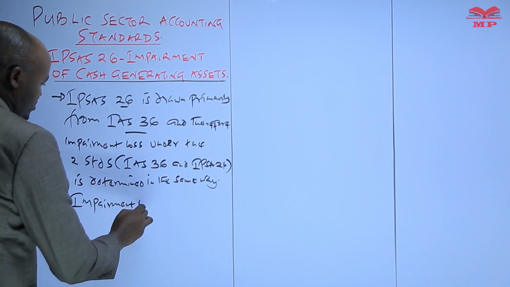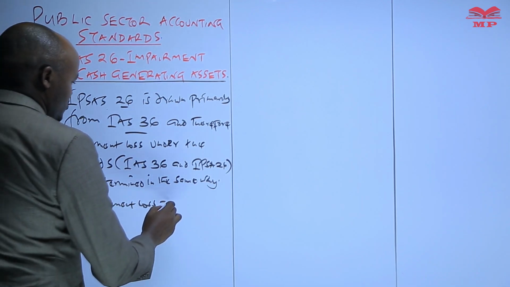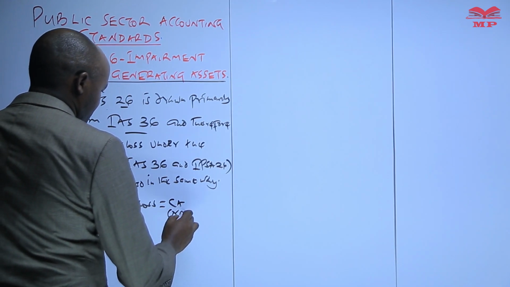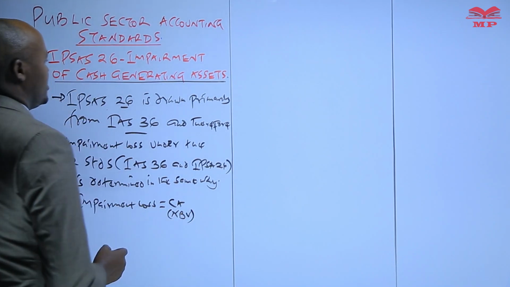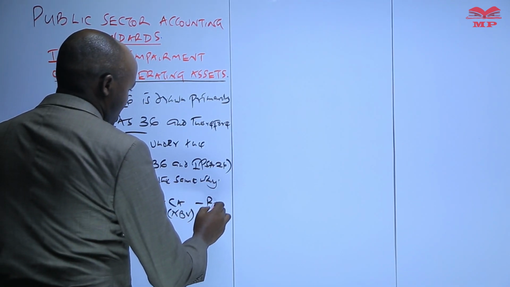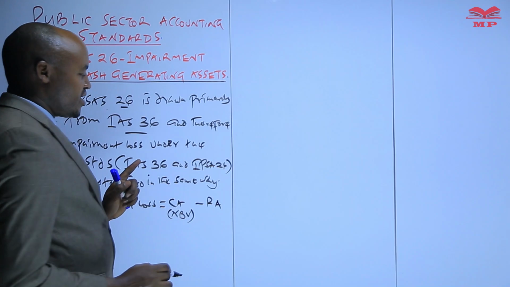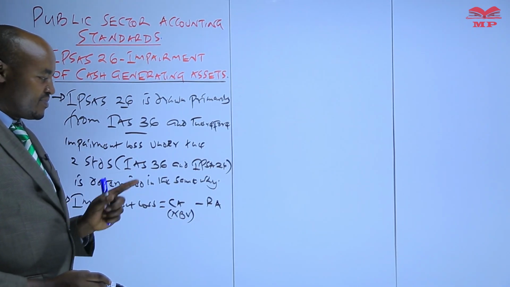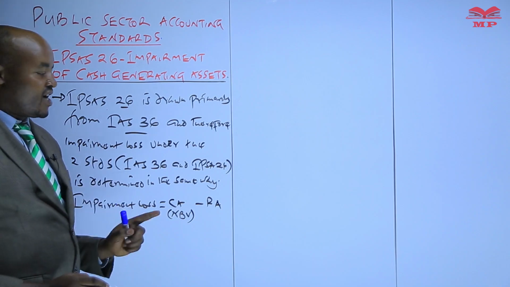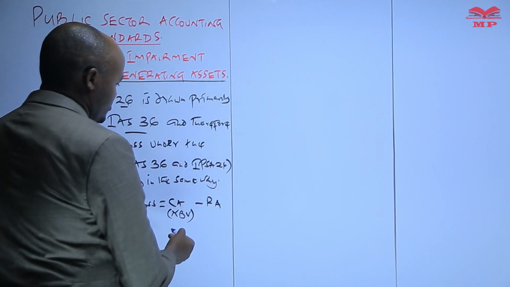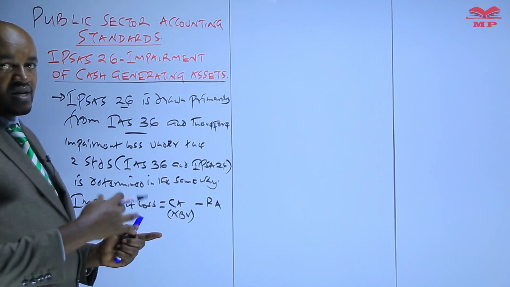The impairment loss in this case is always equal to the carrying amount of an asset, or basically the cash generating asset, less something called the recoverable amount. We don't use the word recoverable service amount as we were using under IPSAS 21, but here we talk of recoverable amount. The carrying amount or net book value is determined in the same way.